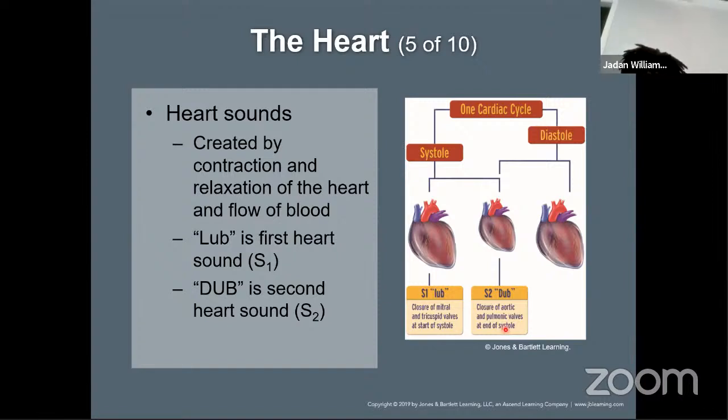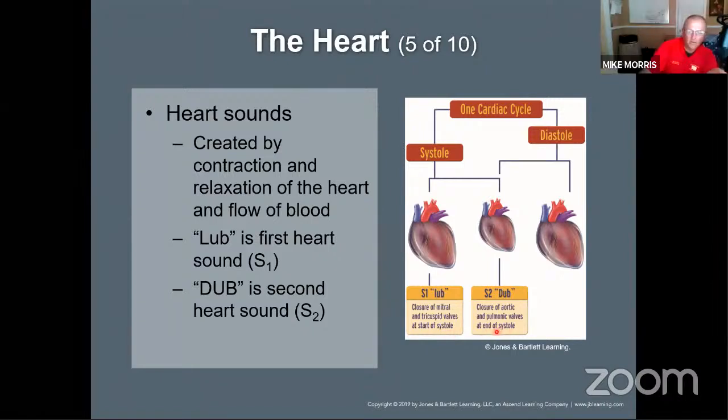So the closure of the tricuspid valve occurs during contraction? Yeah, those valves close to keep blood from coming back right at the start of contraction. And at the end of the contraction, that's when you hear the aortic and pulmonic valves close.